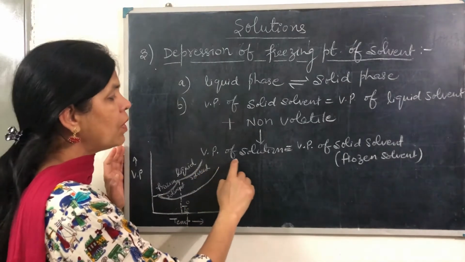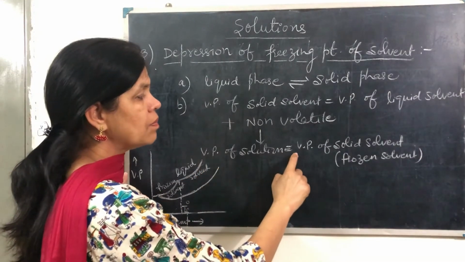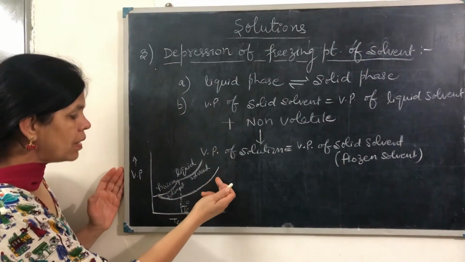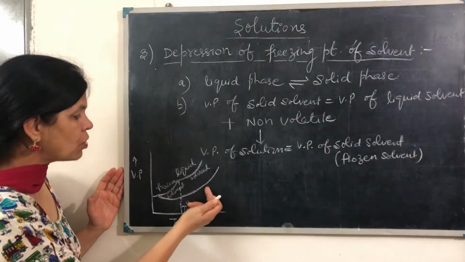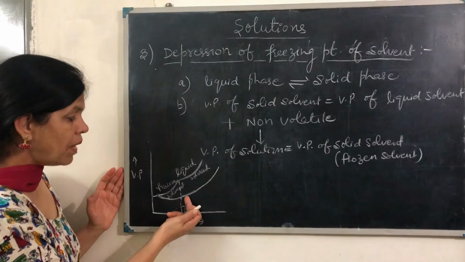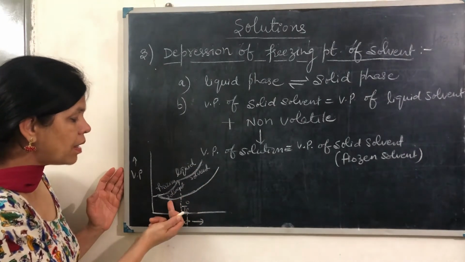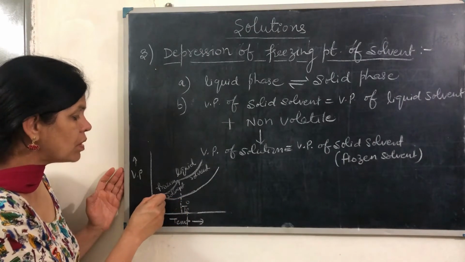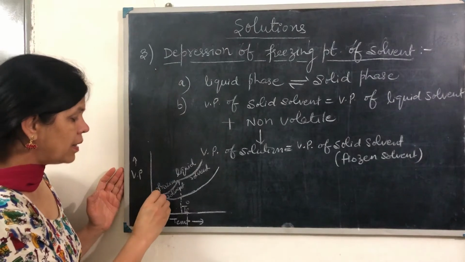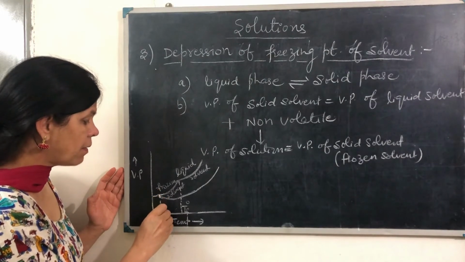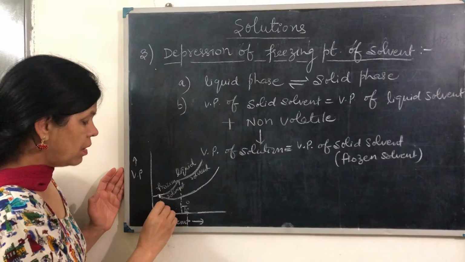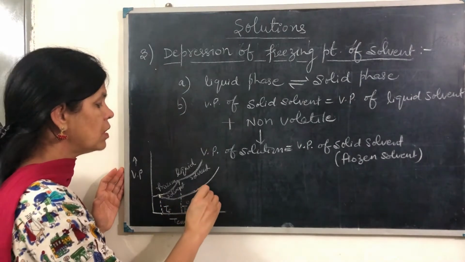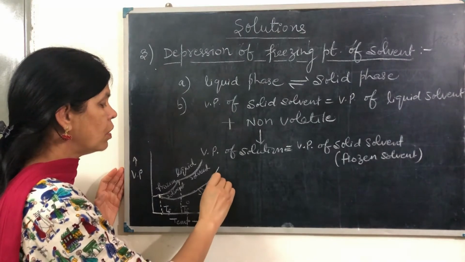There is a need to further decrease the temperature of solution so that its vapor pressure becomes equal to frozen solvent. And at this temperature, freezing will take place for solution.